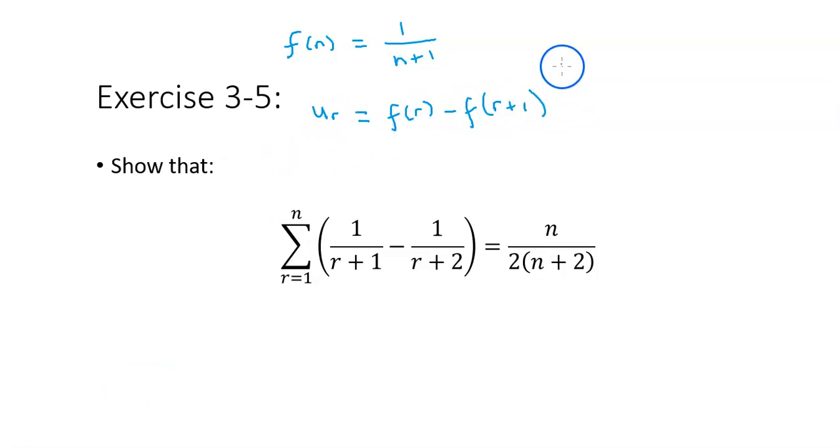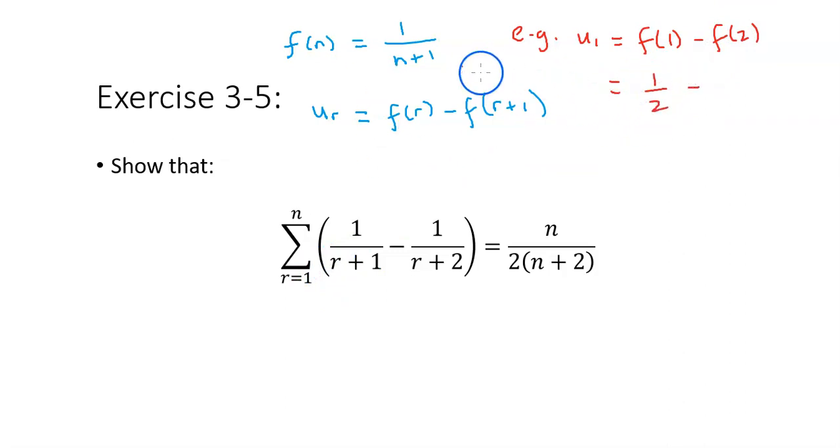For example, u1 is equal to f(1) minus f(2), which is when r equals 1 in here, because f(1) is 1 over 2, and f(2) is 1 over 3, which would be exactly what we get if we put r equals 1 into here.